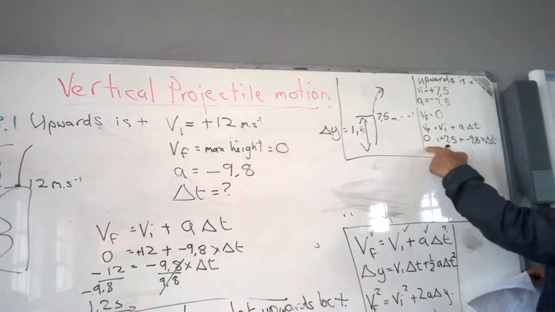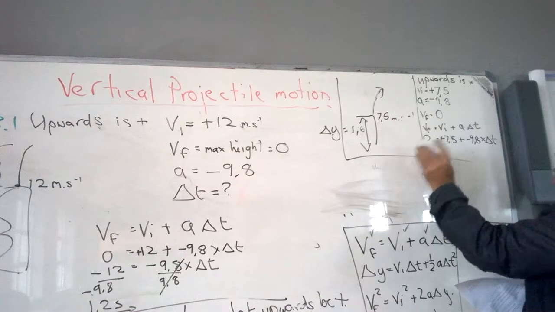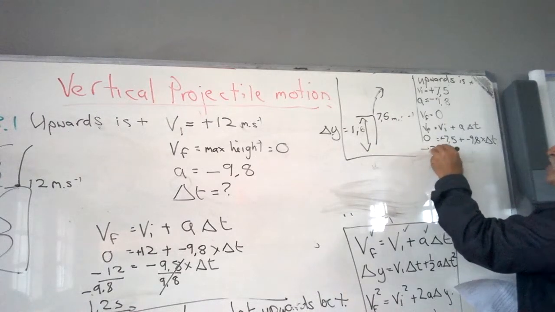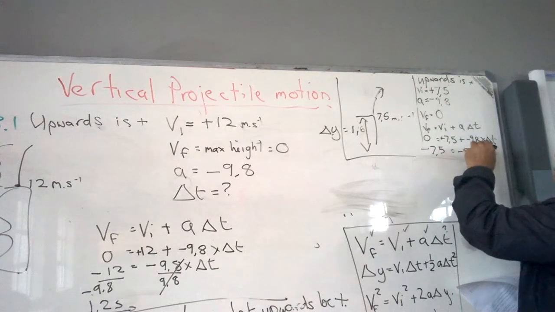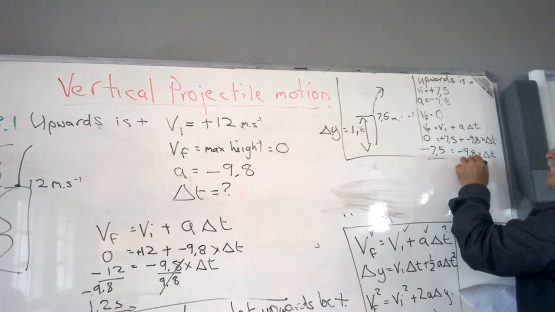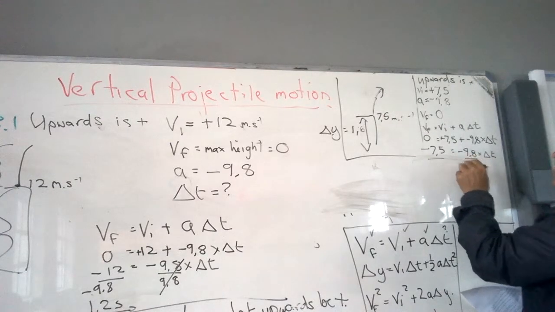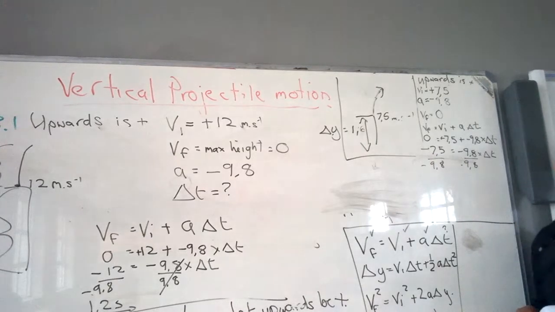Take the 7,5 to the other side, what does it become? Negative. Becomes minus 7,5 equals minus 9,8 times delta t. Dividing both sides by 9,8 or negative 9,8. Do you see how I do the changing the subject of the formula?